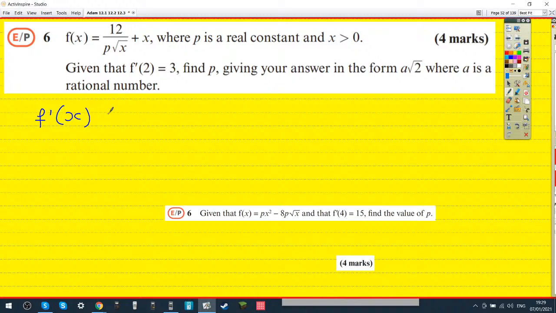Any idea what f dash of x is, or how you go about that? So if I substitute 2 in for x, would that be 2x? Into what? This up here? Yeah. You don't sub 2 into that.